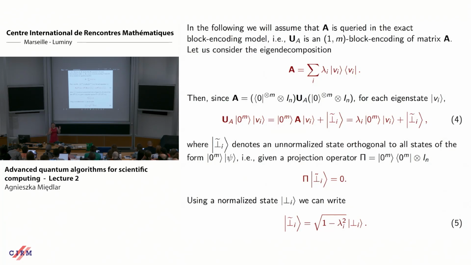All right, in here we will assume that we can query the matrix in an exact block encoding model. So I will assume that I have access to a 1-0 block encoding of a matrix A. As a reminder, UA is a unitary matrix, and it's a block encoding, meaning that there is no error epsilon.